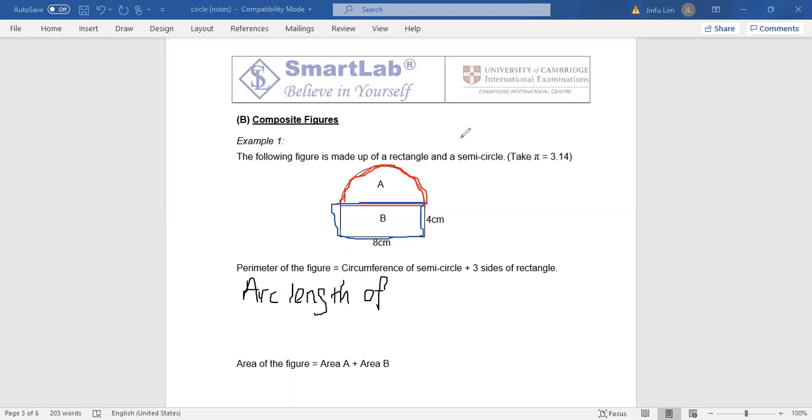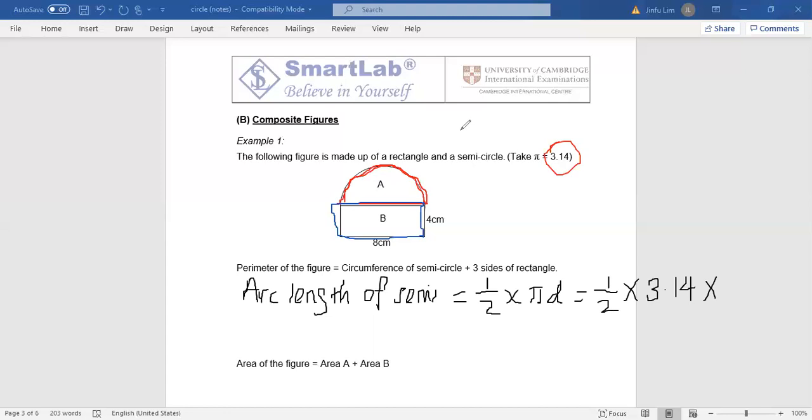The arc length of a semicircle is given by half times pi d. So in this case, we will take the value of pi, which is given over here, to be 3.14. We just take half times pi, 3.14, times the diameter.